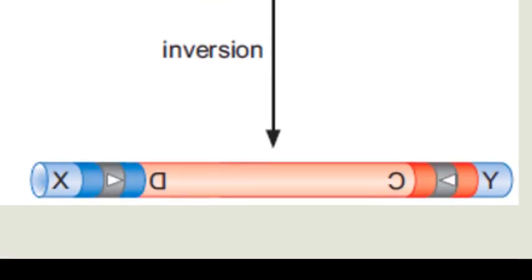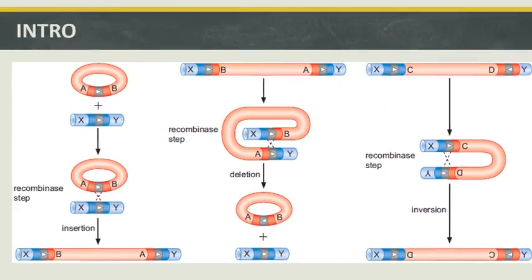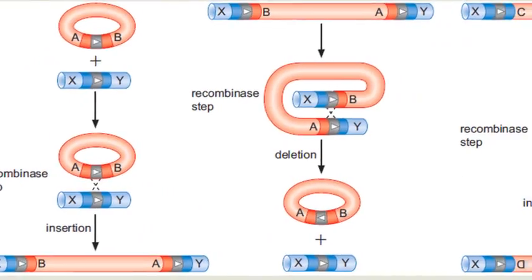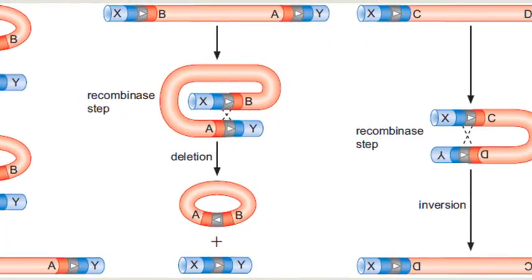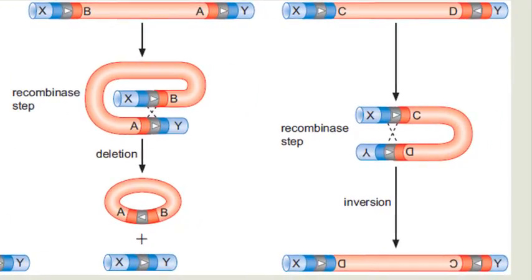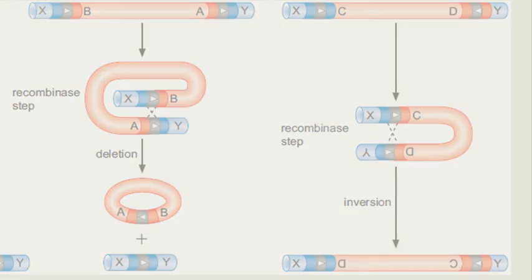So in site-specific recombination, we might get a new DNA molecule inserted, or a part of the DNA molecule may be removed, so we get a deletion, or the DNA molecule may be inverted.